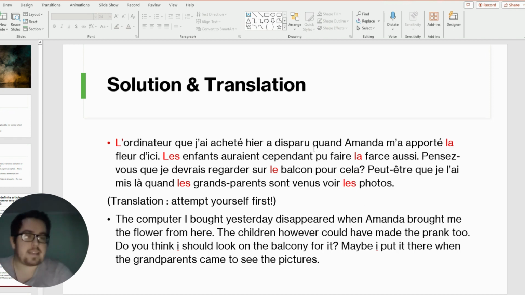And why is that? Because in French you cannot have two conjugated verbs one after another. You're going to have one conjugated verb and then you're going to have a second verb right after it, only and only in the infinitive form.